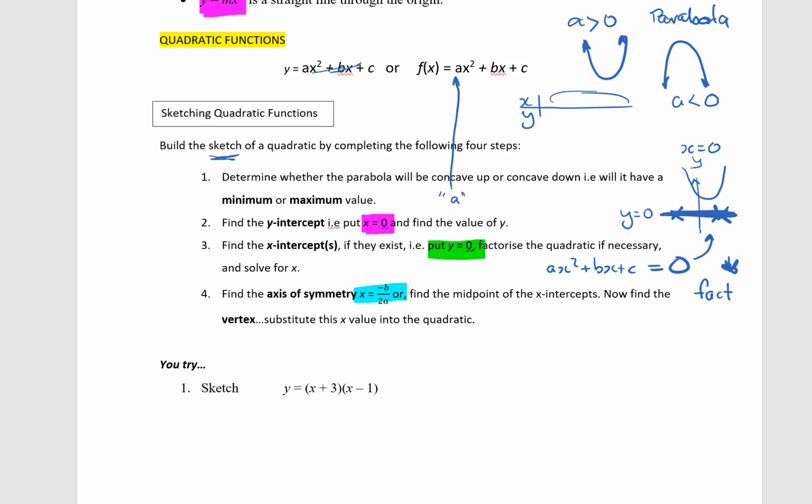And to find the vertex, you substitute this x value that you've just found back into the equation up here, because this equation gives you the y value. So if you've got the x and the y you get from subbing into the function, then you've got the vertex. And so you're able to sketch the quadratic.